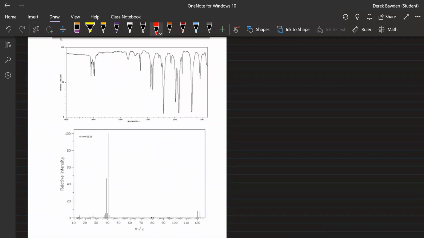Last one, friends. So we've got our fingerprint region. This is around 1600. So what does that tell us? C double bond C. Perfect.